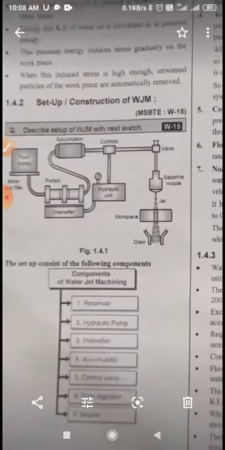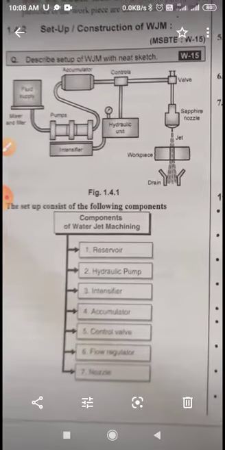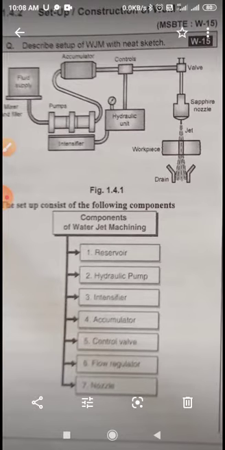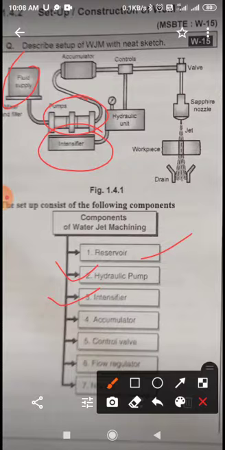Now look at the figure and components of water jet machining. First is the reservoir, from which fluid is supplied. Hydraulic pump you can see over here. Then the intensifier. We will see the uses of all the components.